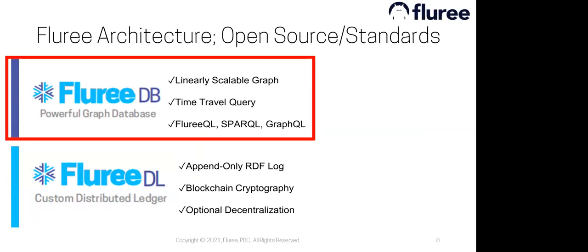And this is that time travel query feature. And Fluree DB, as I had mentioned, is multi-model, which allows you as a developer the choice of standard tools and technologies that you're already familiar with to make you efficient and effective right from the start here.